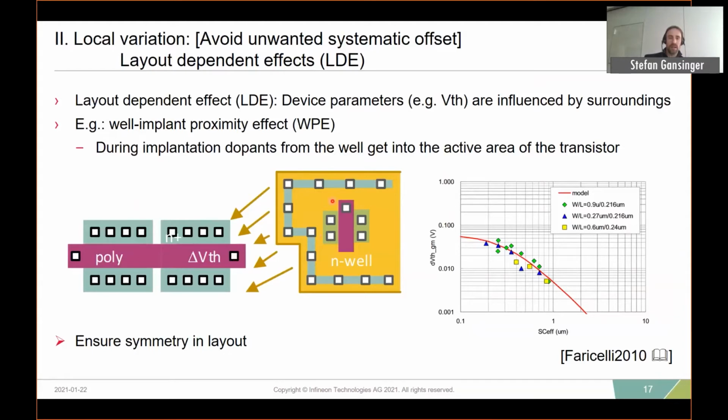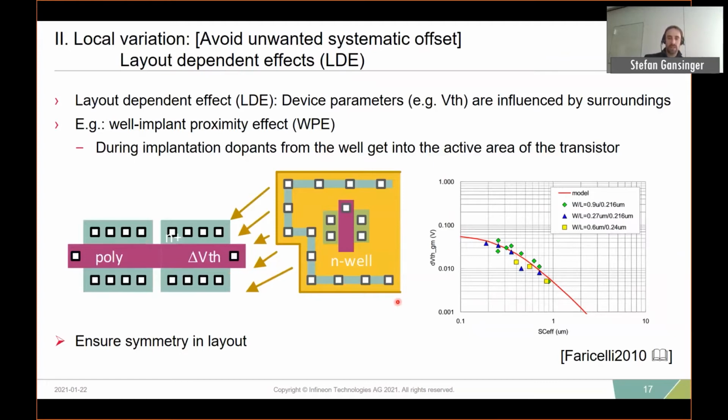And typically, an N-well is fabricated using implants, and these implants might not only hit the N-well, but also the transistor which is closer to this N-well. And these implants will cause a threshold shift of this transistor. So due to this N-well, this transistor has a different threshold than this one. And of course, this causes a systematic offset or an unwanted systematic offset between those two transistors.